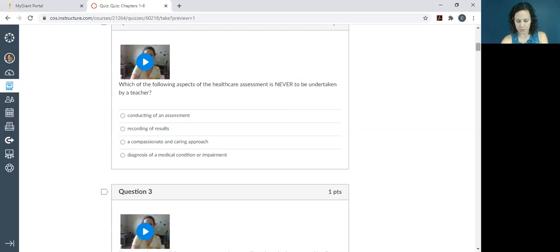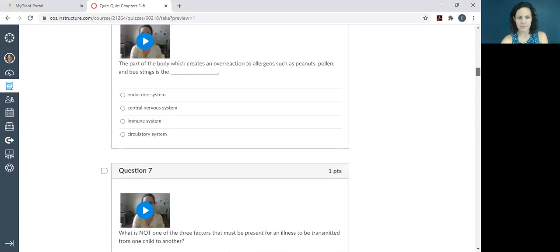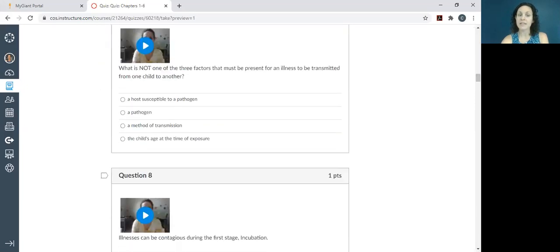Same with, let's see, question 7. If it says what is not, right? So again, you're looking for something that doesn't belong, essentially. Kind of like that old Sesame Street, you know, they do the 4 squares and they're like, which one of these does not belong?